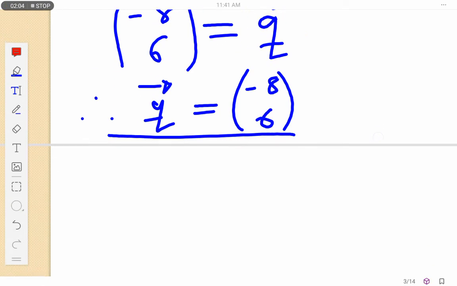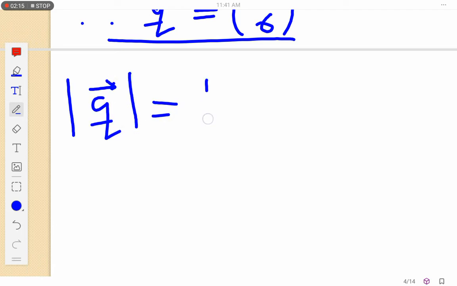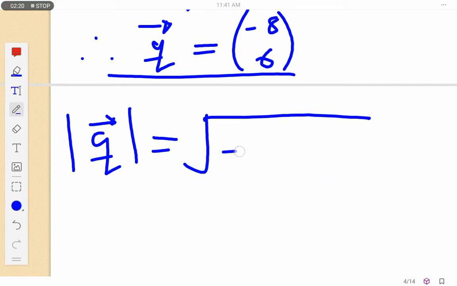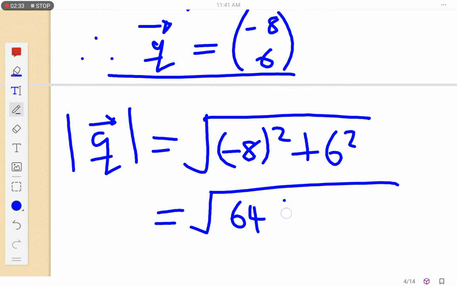Then the second part, which was the hence part, was saying find the magnitude of q. To find the magnitude of q, it is equal to the square root of minus 8 squared plus 6 squared. Minus 8 squared, we get 64, plus 6 squared, we get 36.